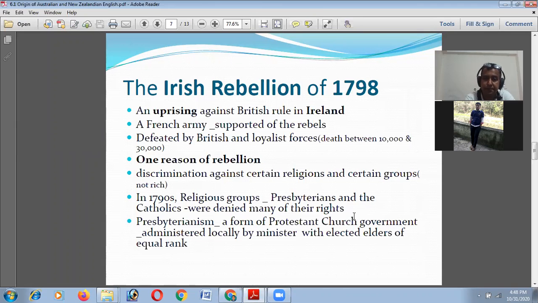The people who were shifted from Britain to Australia, most of them were prisoners. Apart from that, there were some free settlers from America and also from England, especially many Irish rebel groups, who left Ireland and went to Australia. So we see a mixed pronunciation pattern in Australian English.